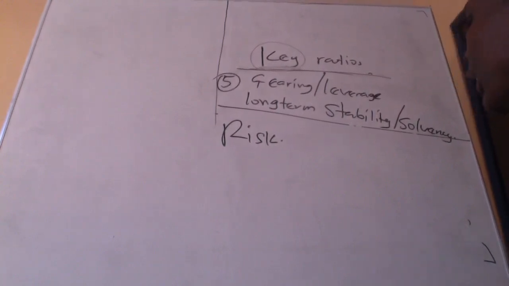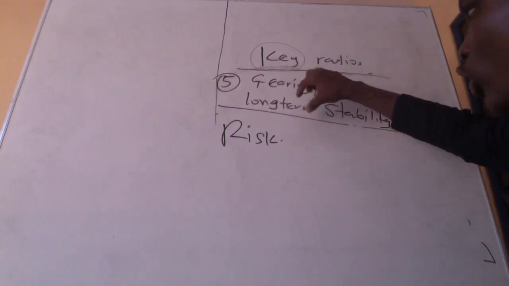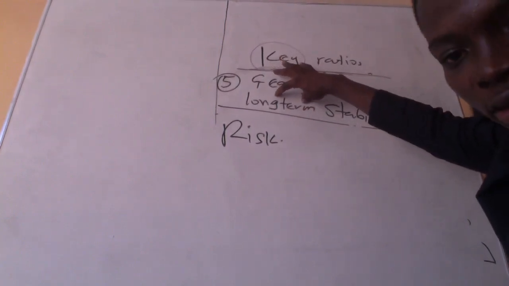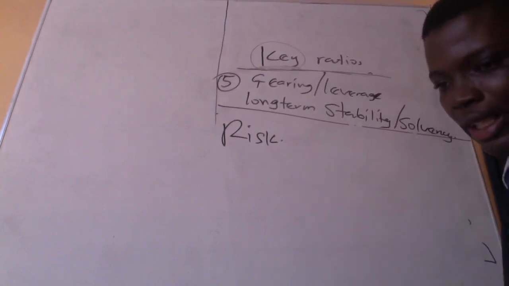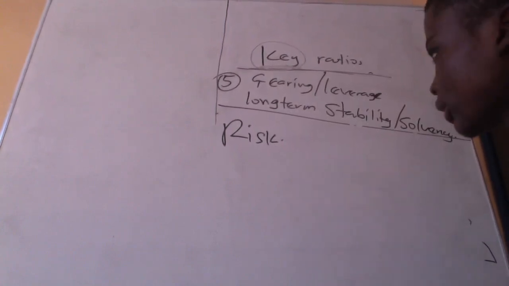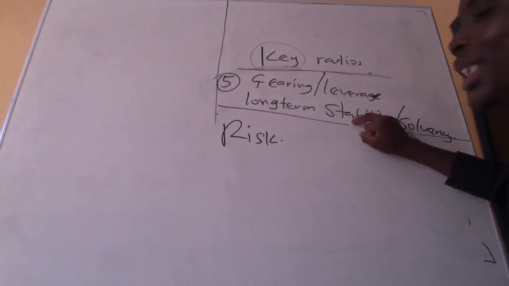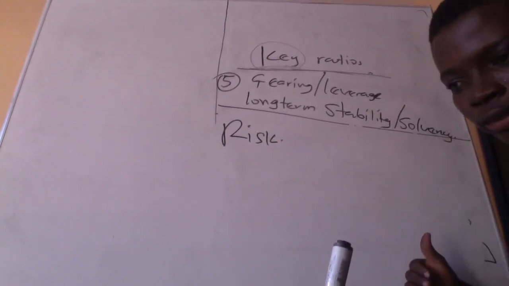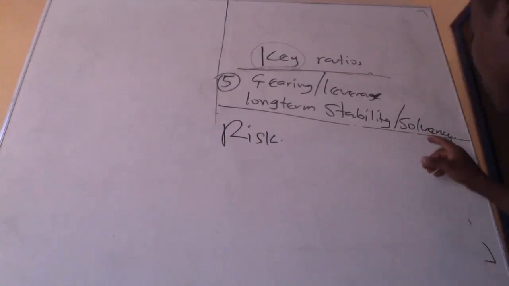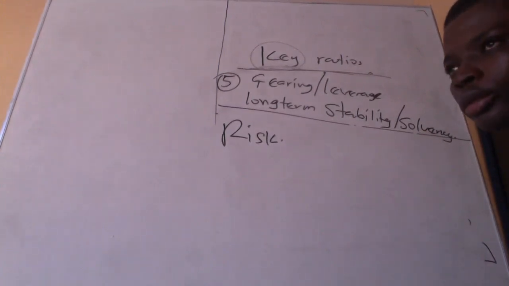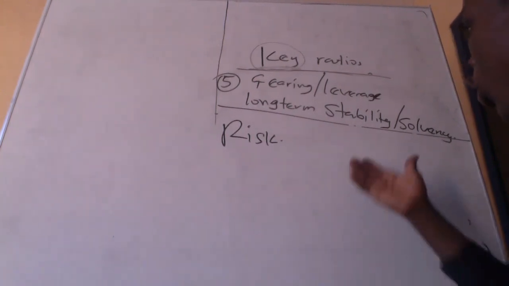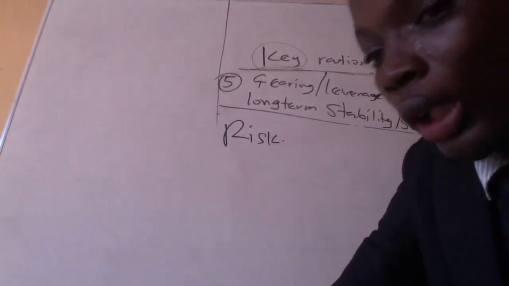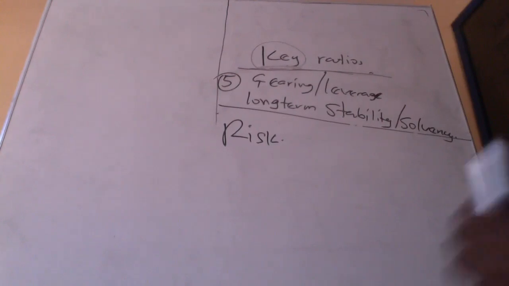Because when you start servicing or paying off your debt, can you be stable in the long run, or solvent in the long run? Yes, so that is it. We normally use it to analyze the going concern of the organization.